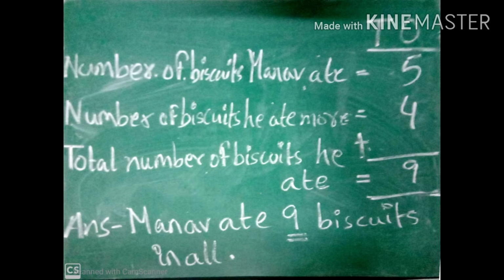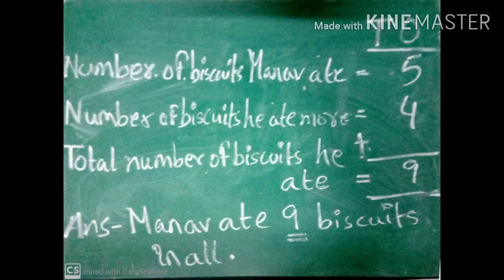Number of biscuits he ate more equals to 4. 4 will be under the ones column. And again the addition sign before it. The third statement will be total number of biscuits he ate equals to the answer.